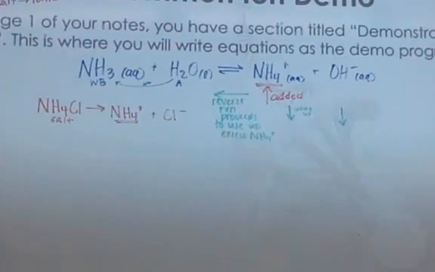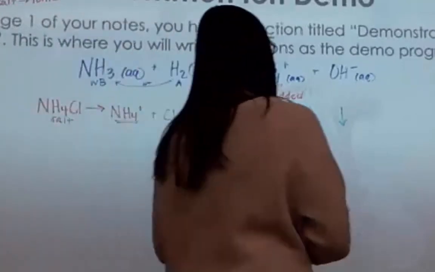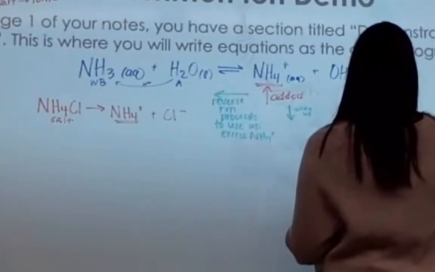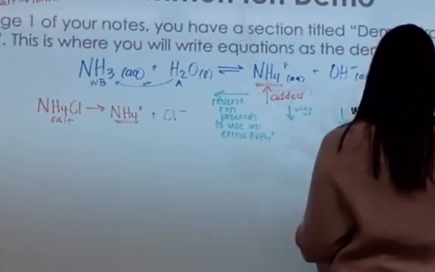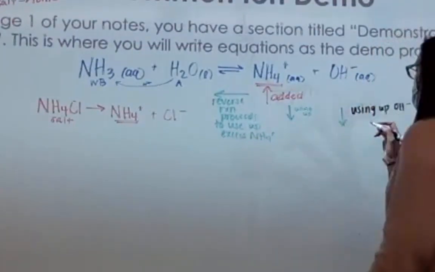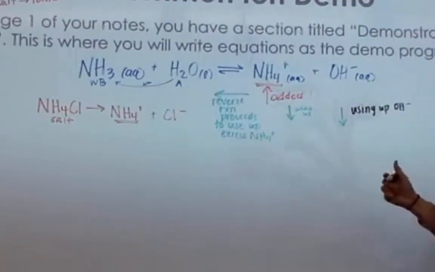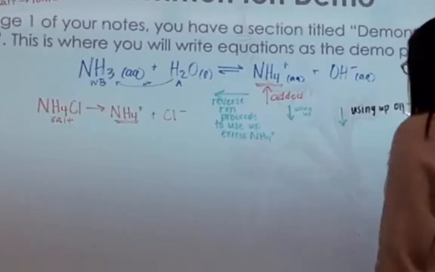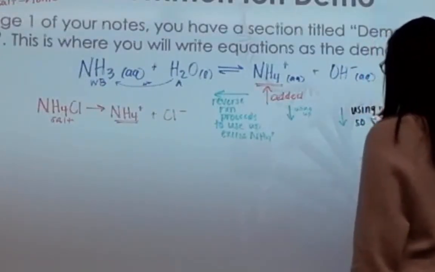So as we're using up the NH4+, we're also using up the OH-. So let's think about OH-. We're using up OH-. OH- tells us that something is a base. So we're using up the OH-.